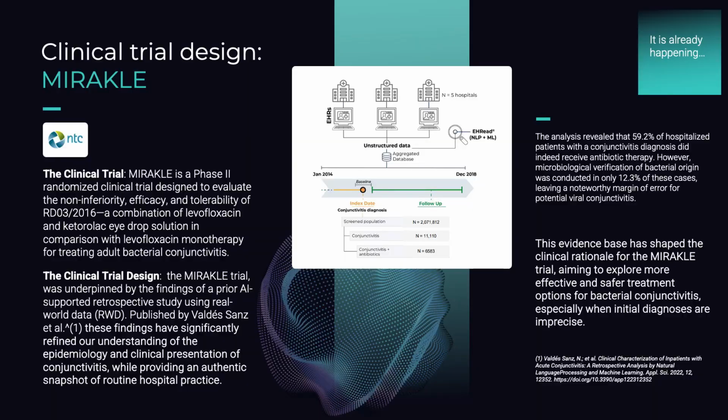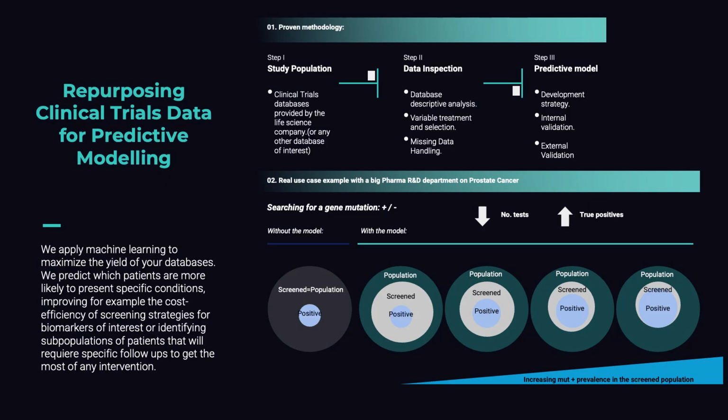And here you have some examples of what we have been working on. This was for ophthalmology, but the clinical trial Miracle, a phase 2 clinical trial, used our data from the real world in this disease to design the protocol and really understand what the situation was. We are also working a lot with different databases of clinical trials.